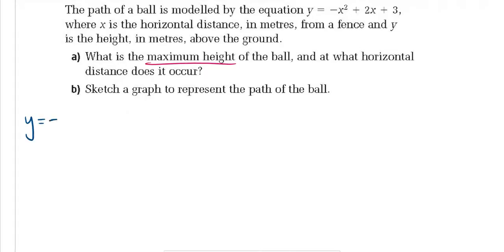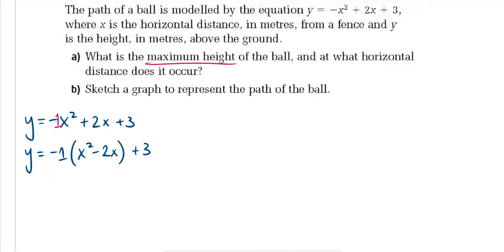So y equals -x squared plus 2x plus 3. Remember there's an invisible 1 here, so it's a -1. You start by factoring out a -1 from the first two terms. So -1 comes out, create some brackets, x squared minus 2x, close the brackets, keep the plus 3 outside.